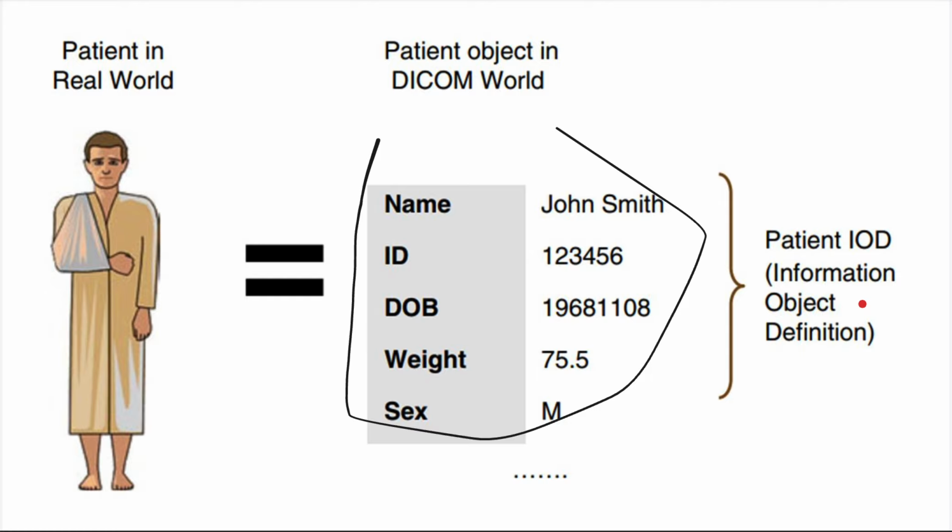As I explained earlier, we try to model everything like an object, which is supposed to have attributes or properties. Here we have certain attributes and certain properties: the name, the ID, date of birth, weight, sex. That is the patient's information object definition. So this describes the patient.